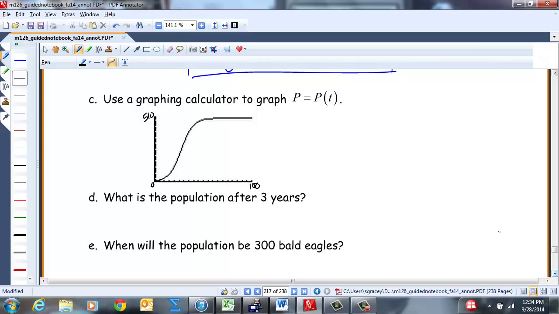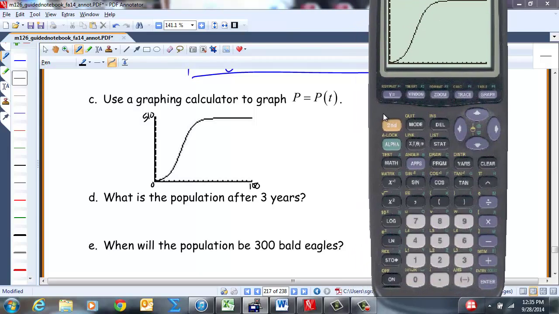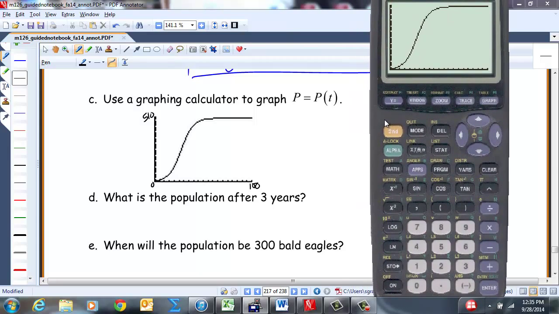Now, what is the population after 3 years? So here, after 3 years, what do we have to do? Good. We have to go to second, calculate, value, and we enter x is 3. So we're evaluating the logistic function when our time is 3.